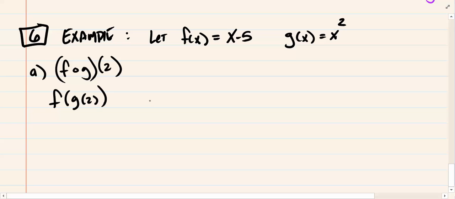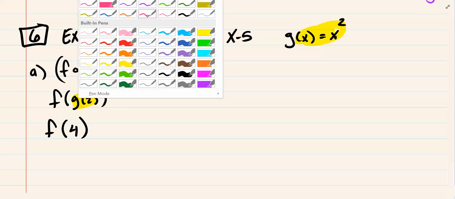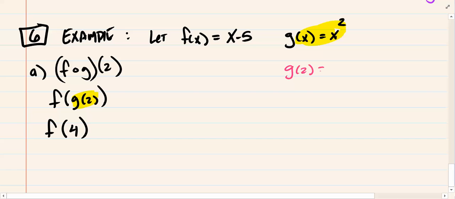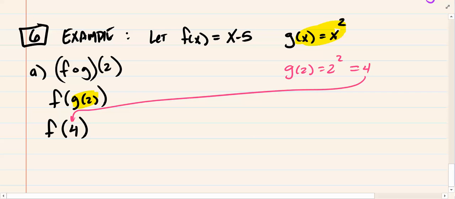So this is really now f of 4. Then take the 4 and plug it into f. F of 4 is going to be 4 minus 5, which is a value of negative 1. So therefore, f of g of 2 is equal to negative 1.